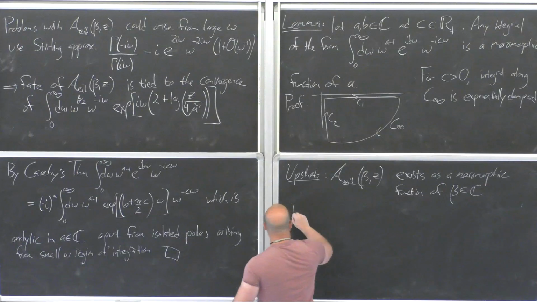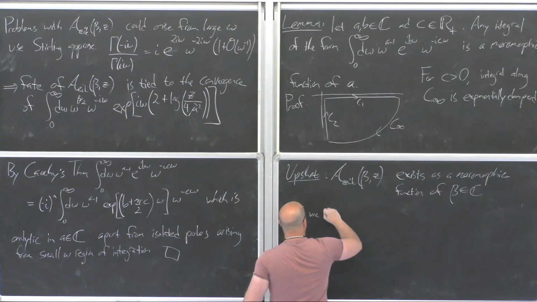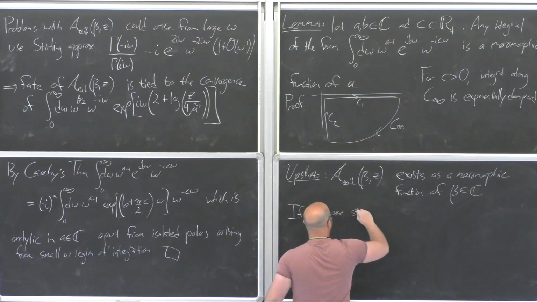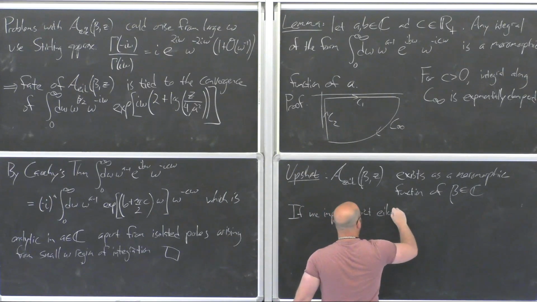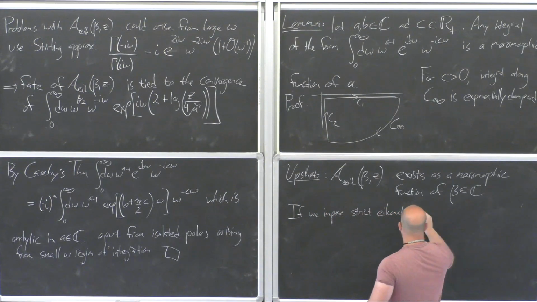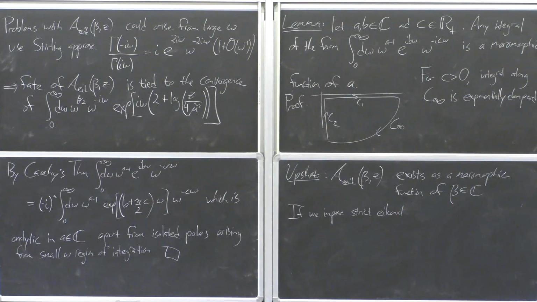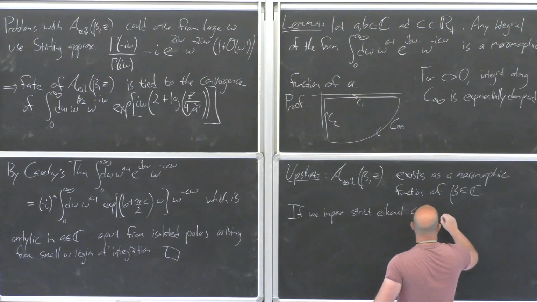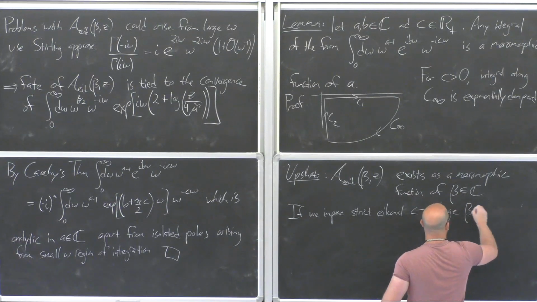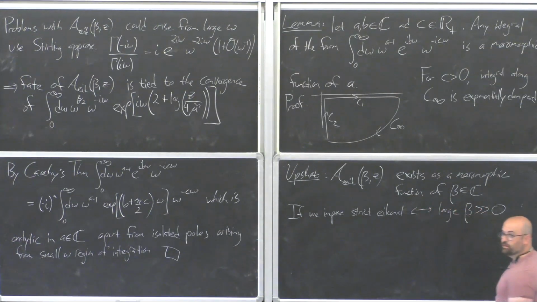However, if you impose the strict eikonal approximation, that is to say, the classicality constraint, which we know is violated by the small omega regime, that's the same as taking a large real part of beta. Then the Mellin integral is dominated by a saddle point at very large omega, right? So for large enough beta, you'll be dominated by a saddle that's consistent with the classicality constraint.